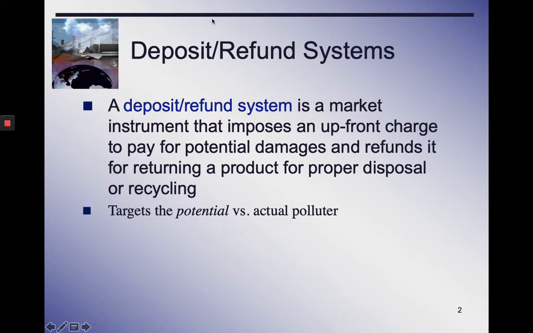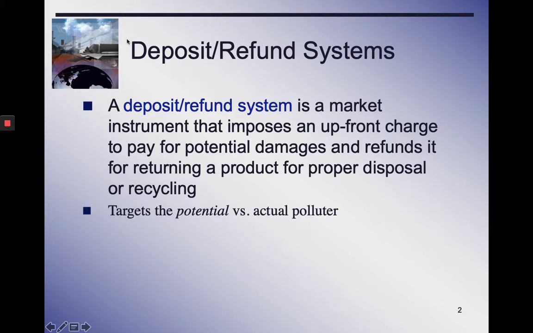If you later on, after drinking your water, return the bottle to the place that you're supposed to return it, you would actually get back your deposit of 5 cents because you have returned the bottle. So in other words, it's kind of a reward for good behavior.